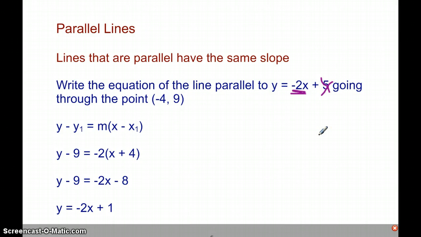That would be the equation of the line parallel to y equals negative 2x plus 5 going through the point negative 4, 9. Again, it's really important you understand that when we're talking about the original line, the line we're trying to be parallel to, all we're concerned with is the slope. We steal the slope, use it to create our new line, because once we have a slope and a point, it's exactly what we did yesterday.